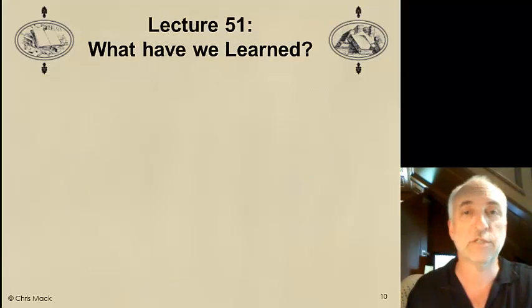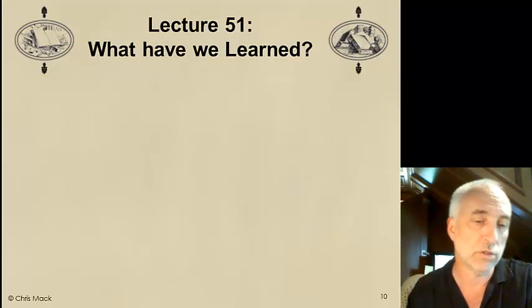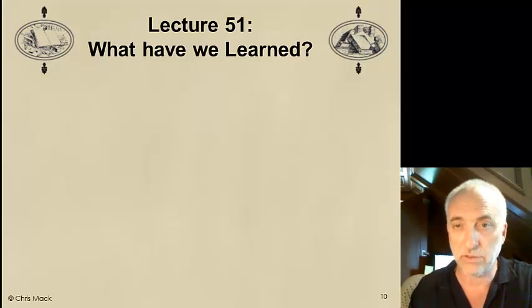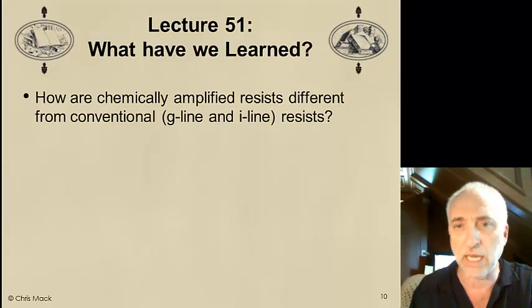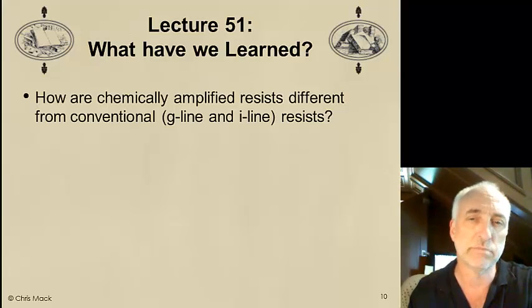So, lecture 51, what have we learned? You should be able to quickly and easily answer these questions. If not, please go back and review the material. First, how are chemically amplified resists different from the conventional G-line and I-line style resists we talked about before?